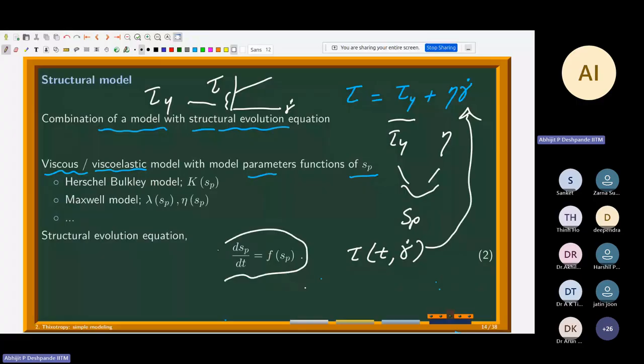Similarly, we have another equation for the structural parameter. Both of these together have to be solved to get the overall idea of stresses in the material, because gamma dot affects the structural parameter, but once the structural parameter changes, tau y and eta also change. So these are simultaneous governing equations, and they have to be modeled to get a good idea about the response of the material.